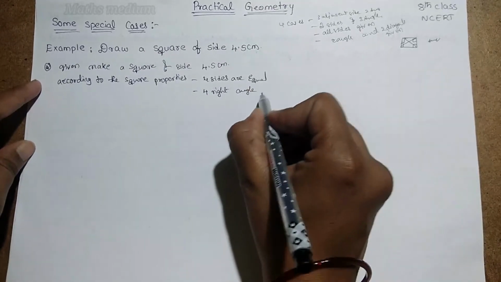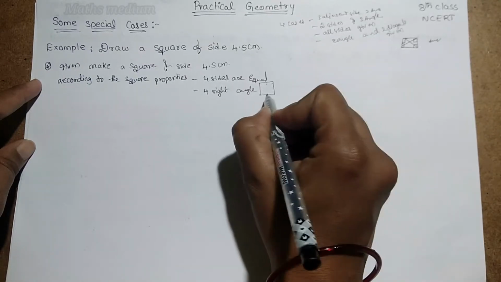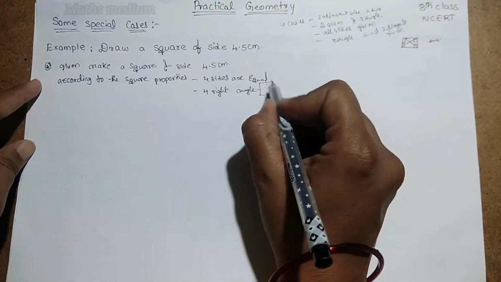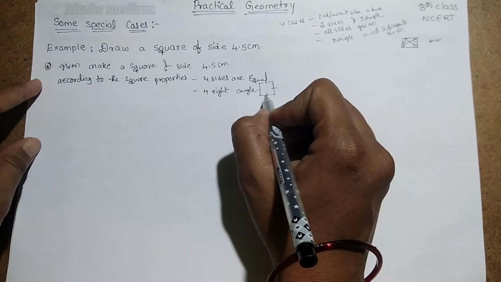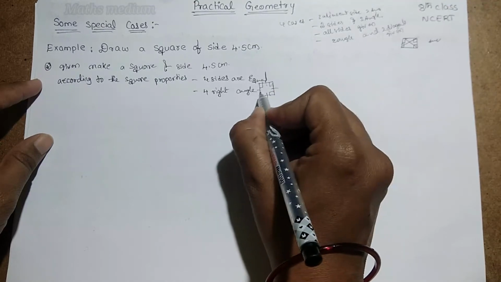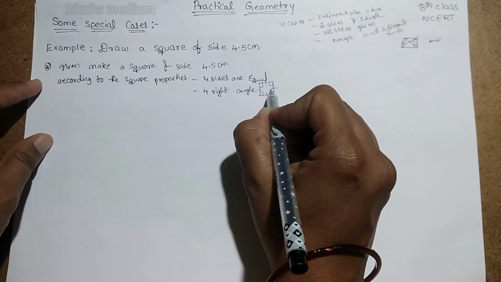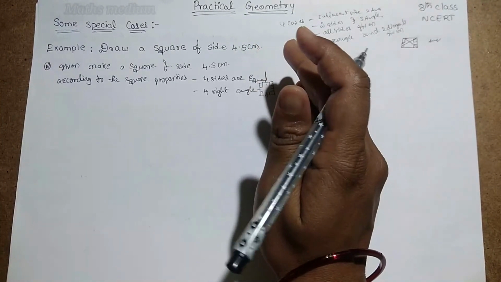See, if you construct a square like this, these 2 lines and these 2 lines, those are all sides of a square, are equal in length and having 4 right angles, that is nothing but we have four 90 degrees here. So this is the property of a square.